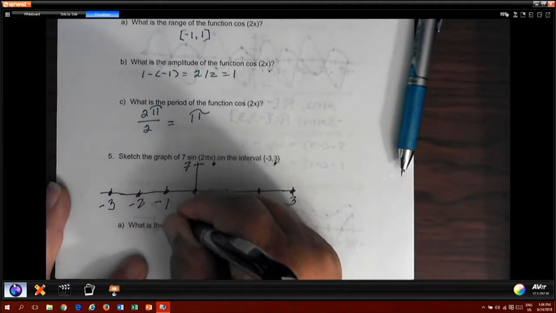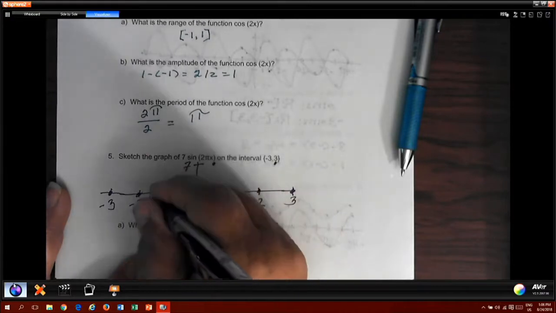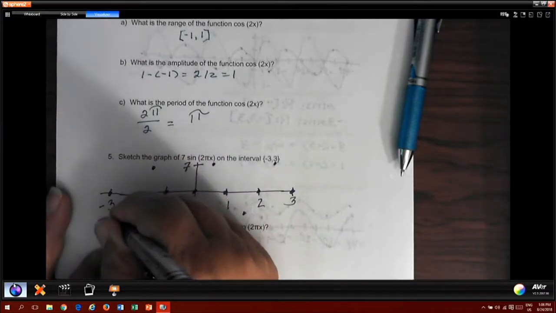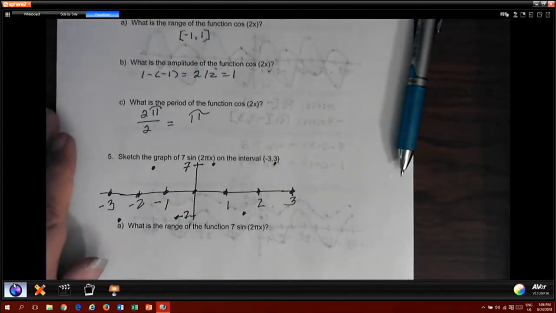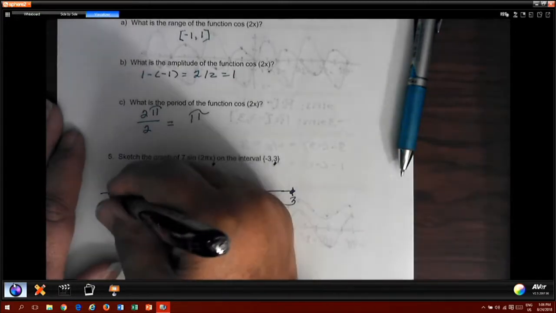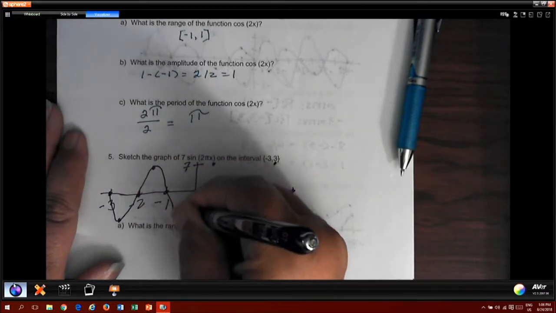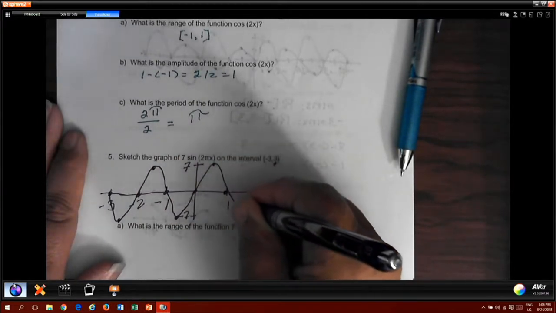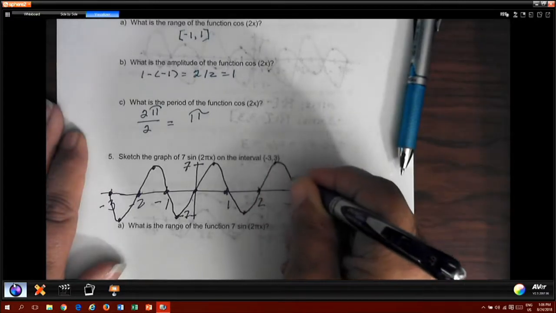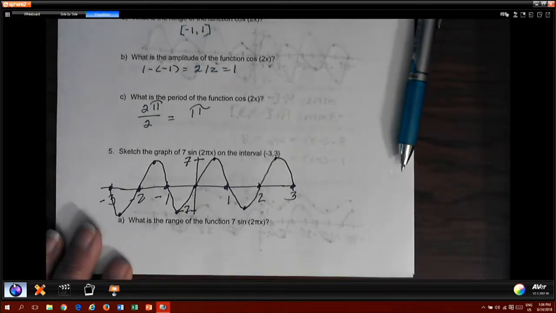So down between 0 and -1 and 0, up between -2 and -1, and down between -3 and -2. So we have something that looks like this.